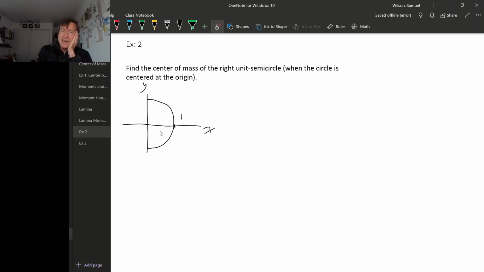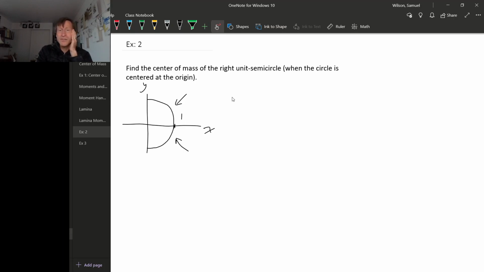For the moment about the x-axis, remember what a moment is calculating is the tendency of this shape to tip to one side or the other. But this unit semicircle is symmetric about the y-axis. So if you cut out a piece of cardboard to this shape and supported it along the x-axis here, it would balance.